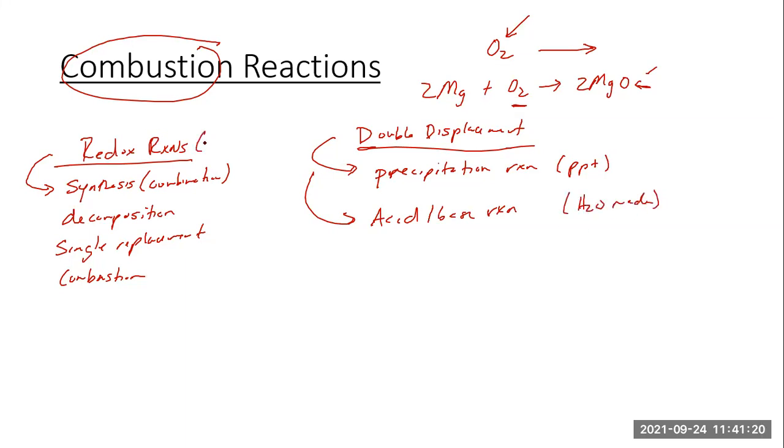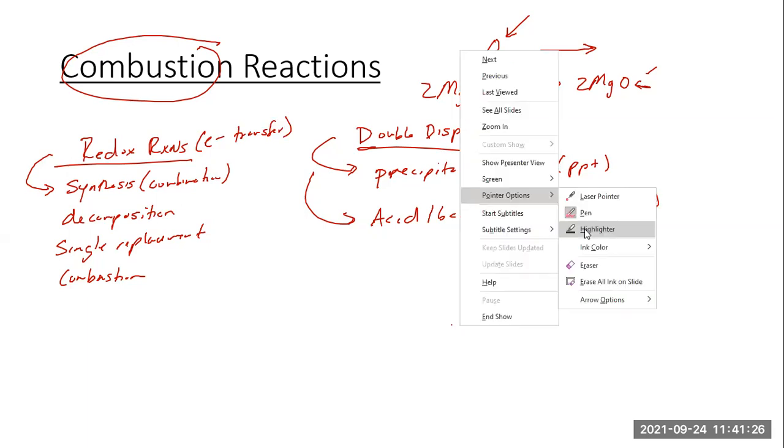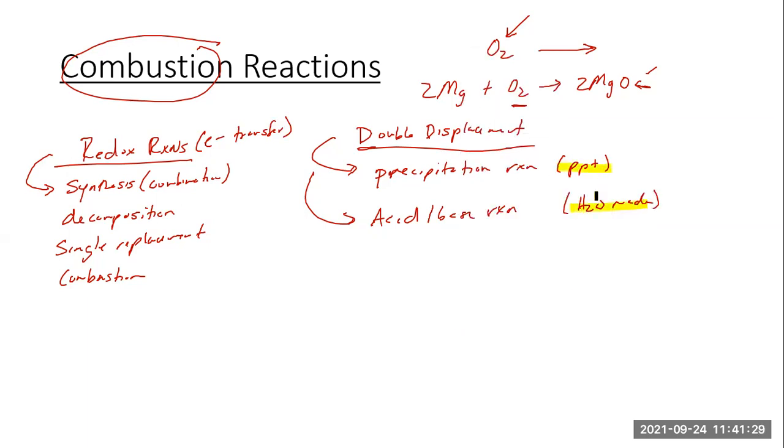And over here in redox, that's about electron transfers. So those three driving forces for reaction we talked about earlier: precipitate, water, electron transfer, that gives us all of our classifications of reactions here.